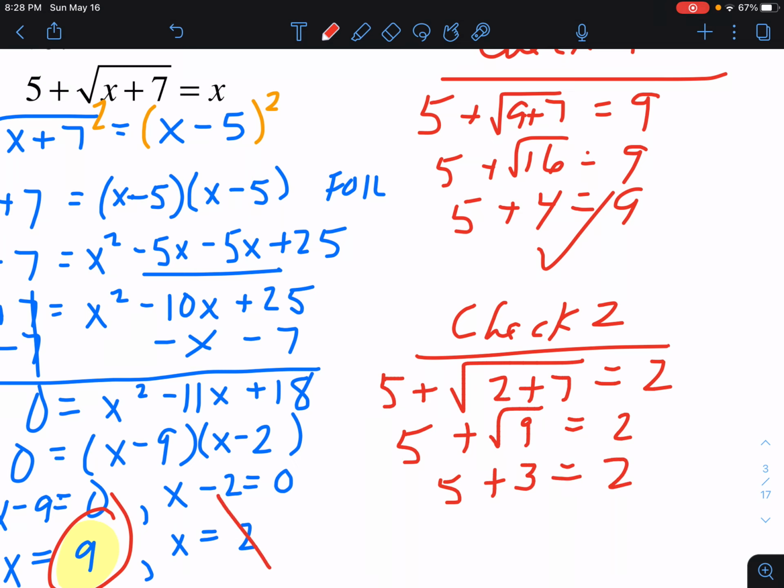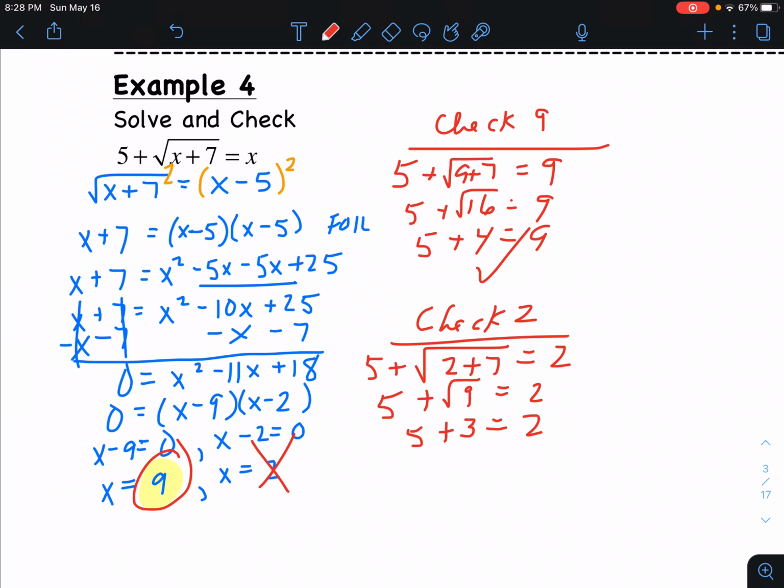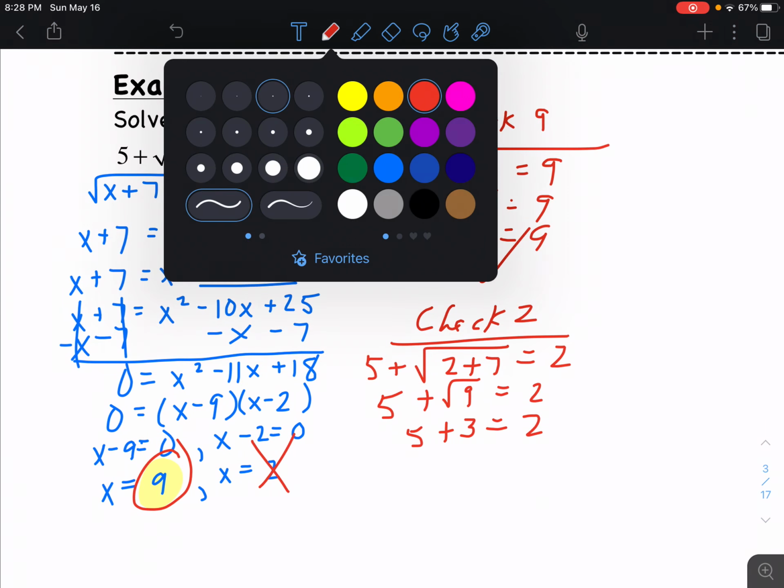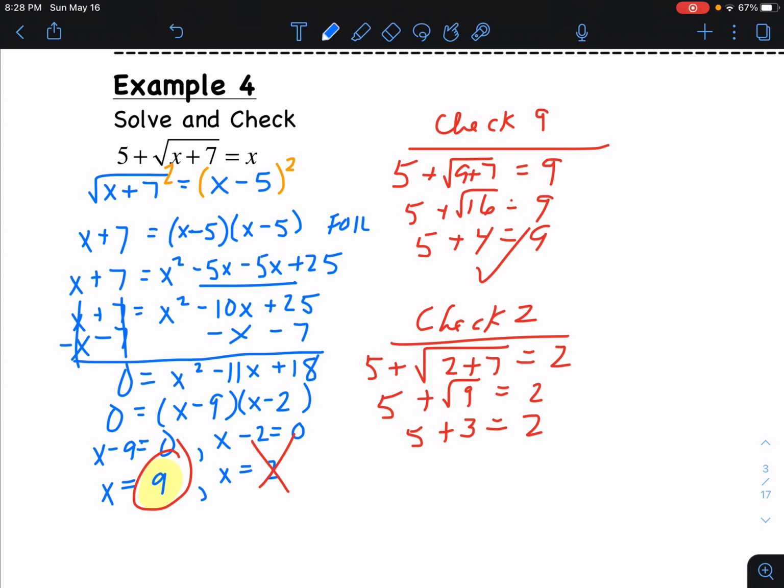And 2 does not work out. We would say that 2 is an extraneous solution. So as we see, this is why it's important to check. Things don't always work out.